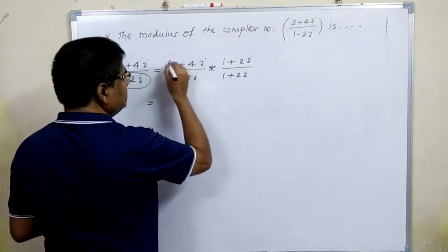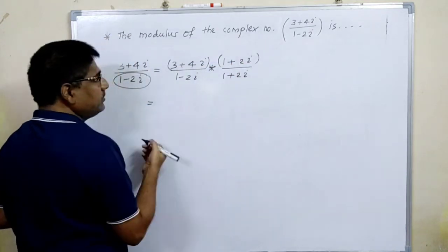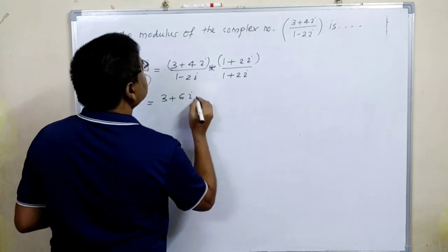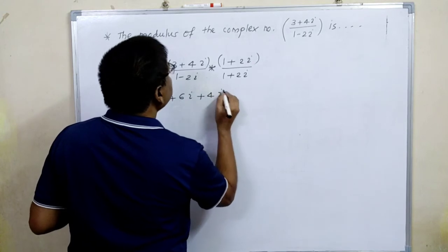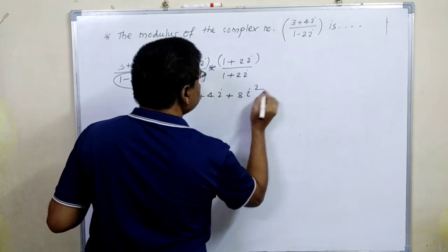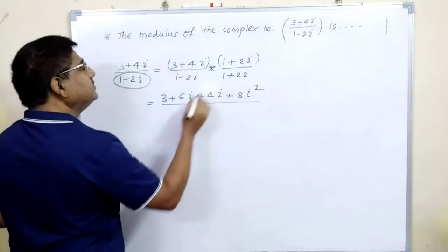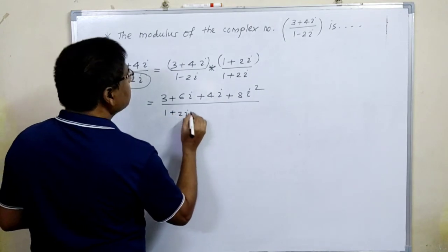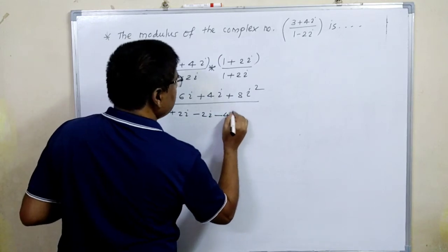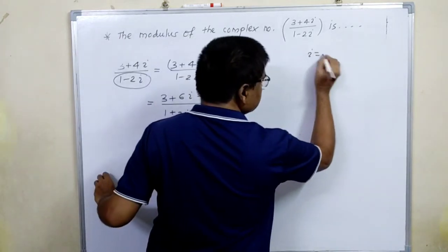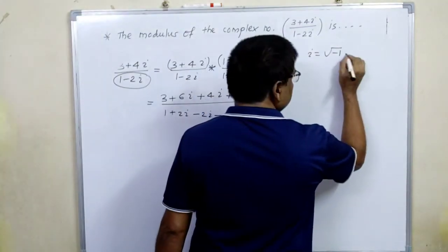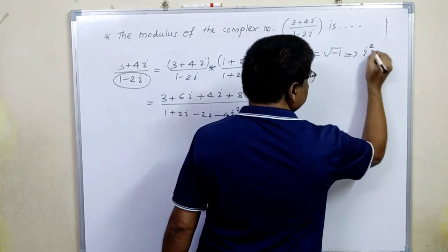Now multiply these two brackets. What we get is 3 plus 6i plus 4i plus 8i square upon 1 plus 2i minus 2i minus 4i square. As i is the imaginary number, root minus 1, this implies i square is equal to minus 1.